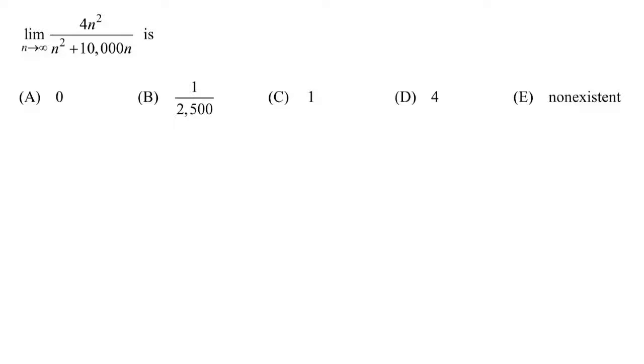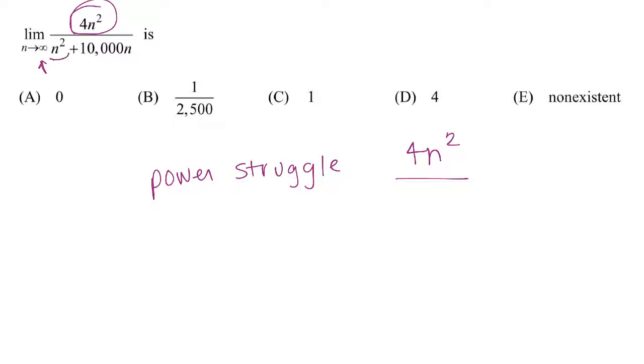Okay, for this problem, notice x is approaching infinity. So we are talking about the end behavior. And this was when we talked about a power struggle. We need to see where we have more power. The highest power that I see on top is going to be 4n squared. In the denominator, the biggest power I see is n squared.